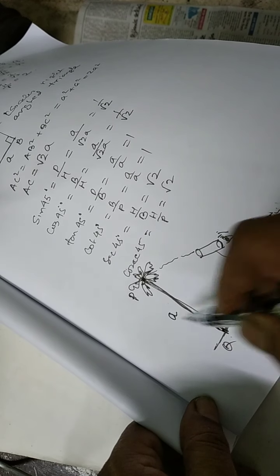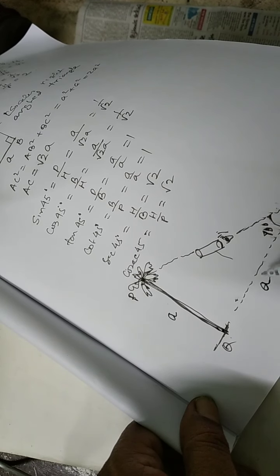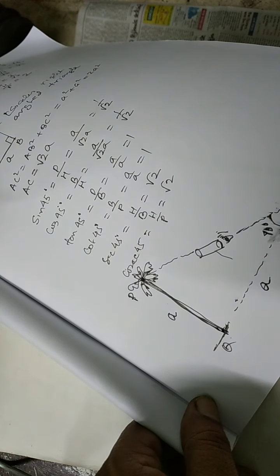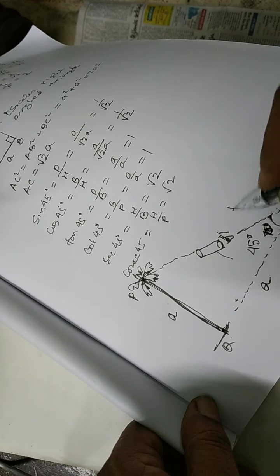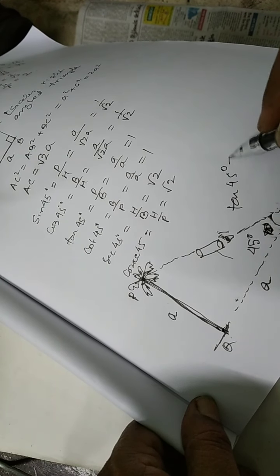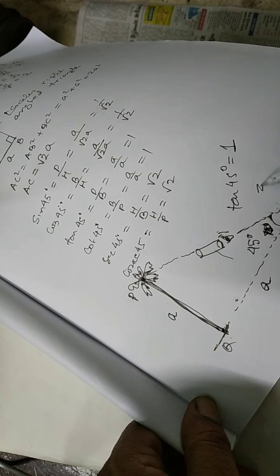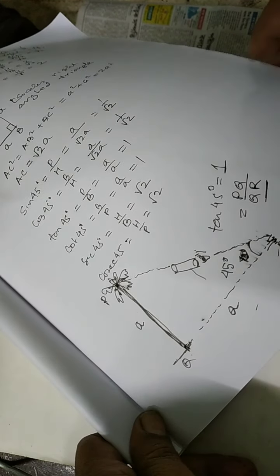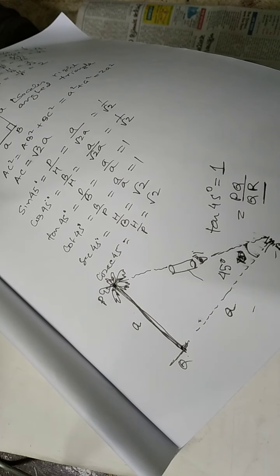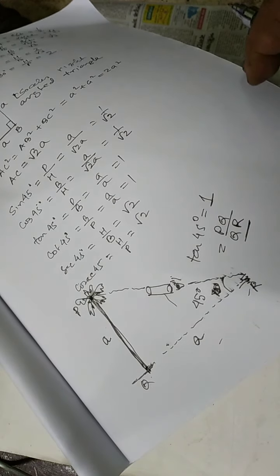This is A, then it is also A. So if this angle is 45 degree, tan 45 degree equals 1 equals PQ by QR. So if you measure QR, you can easily get the height of the building, the height of the monument, the height of Mount Everest, is it not?